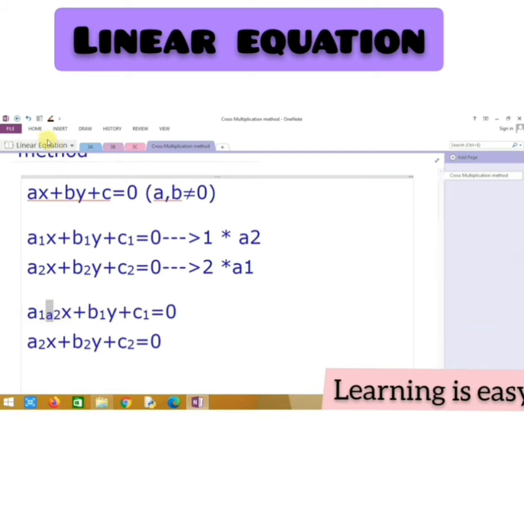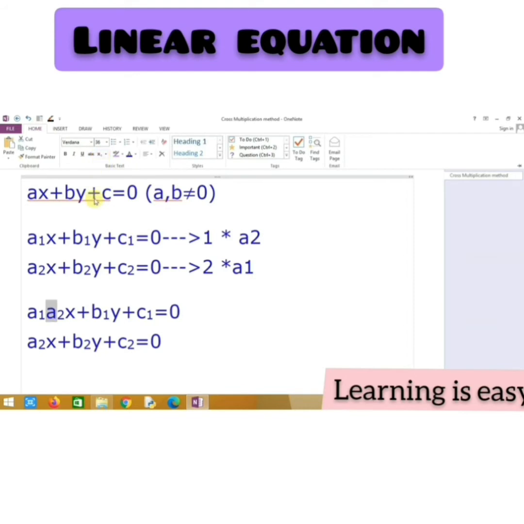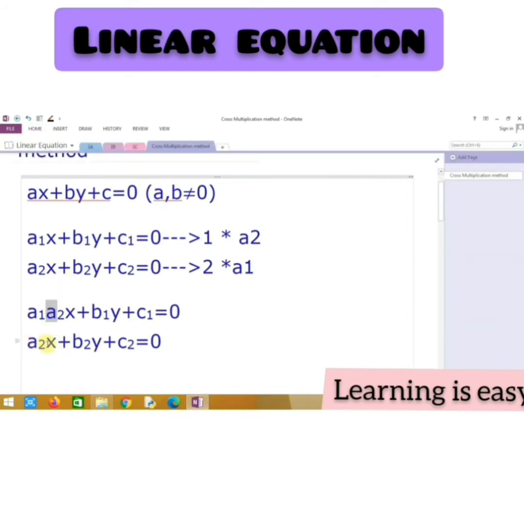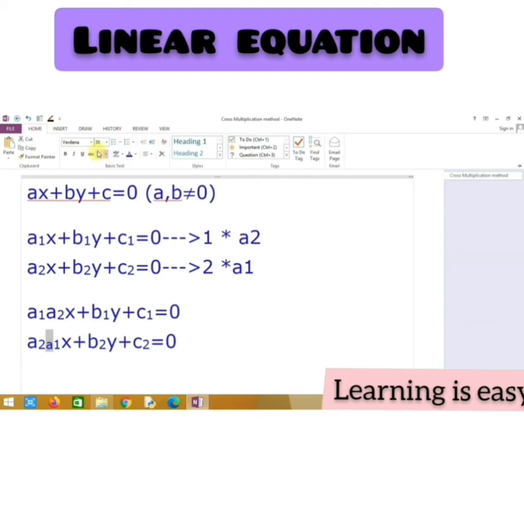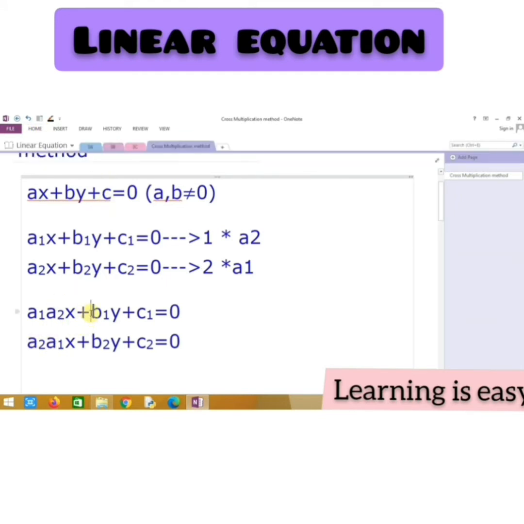So a1 a2 into x plus a2 b1 into y plus a2 c1 equal to 0. So that's how equation 1 looks. And the second equation, a1 a2 into x plus a1 b2 into y plus a1 c2 equal to 0.